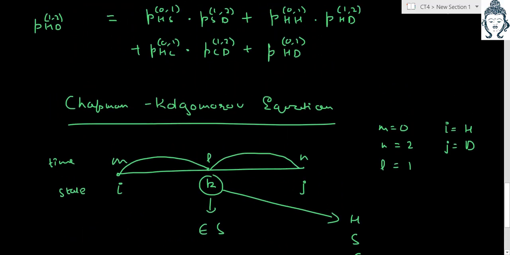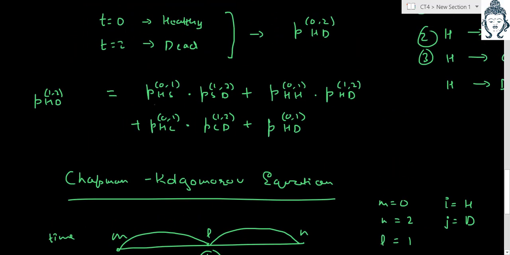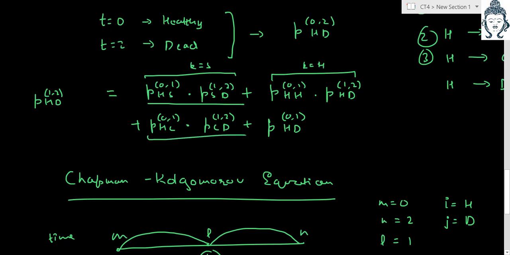Here I had done a similar thing. I had added over all the possible values of K. In the first case I have added when K is equal to the sick state. In the second I have added when K is equal to the healthy state. In the third one, the K that I have taken is the critically ill state, and in the fourth case the K is the dead state, right?